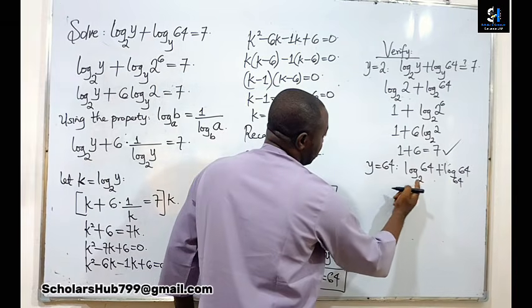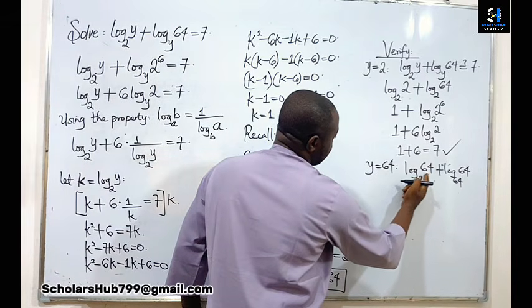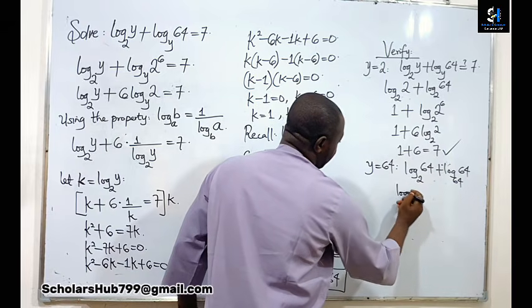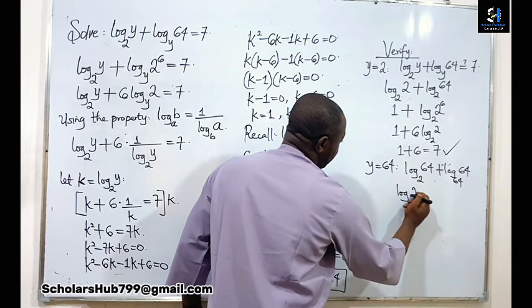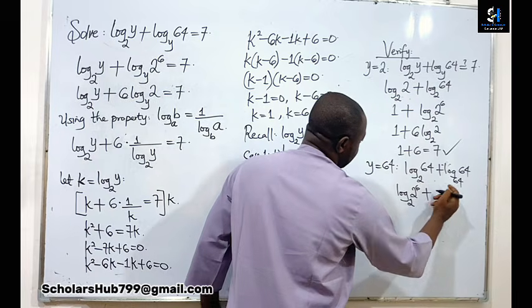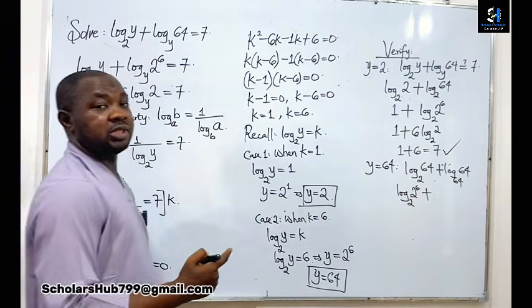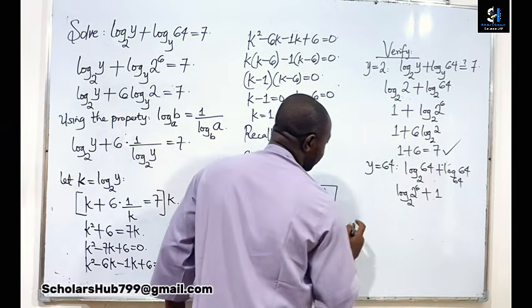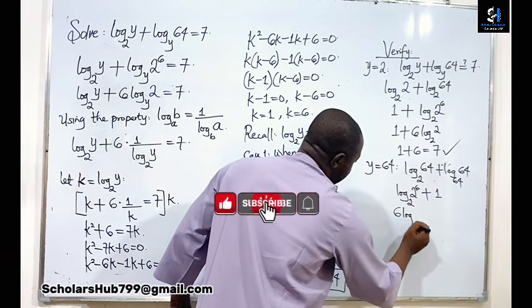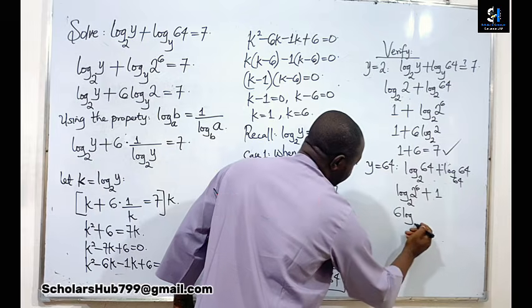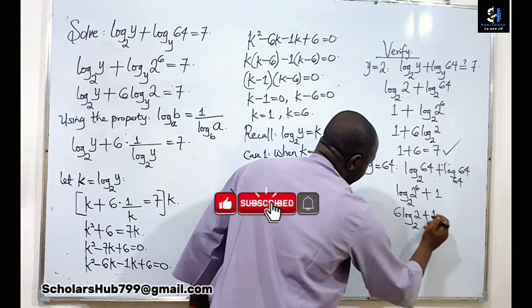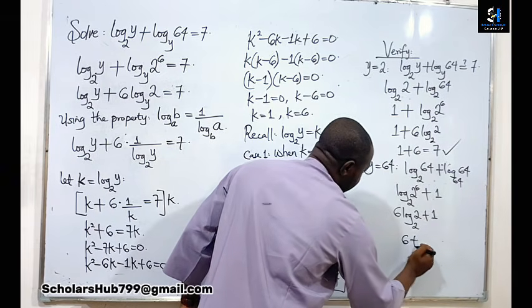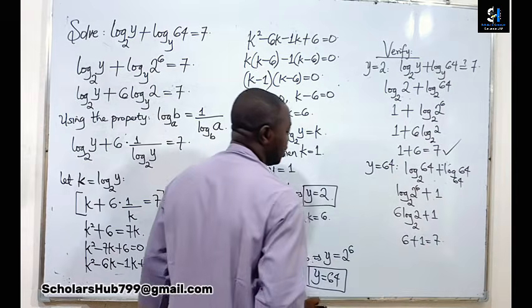We know that log to base 2 of 64 we can write as log to base 2 of 2 raised to the power of 6. Then log to base 64 of 64 is 1. Then I'll bring this here to become the multiplier, so this will be 6 log to base 2 of 2 plus 1. And that will be 6 plus 1 equals 7.